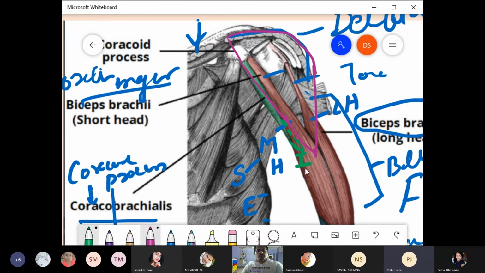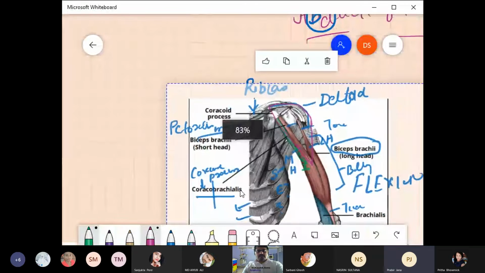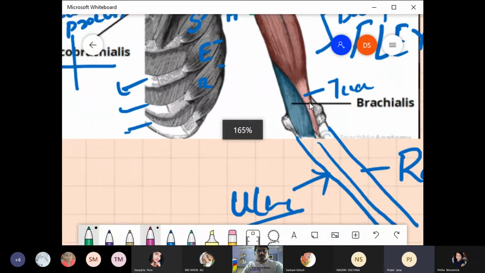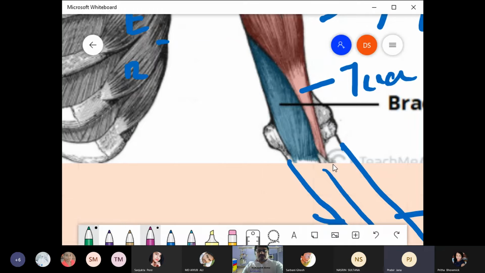Did you understand the Coracobrachialis now? Yes, sir. Okay, fine. And you see that in this diagram itself, with a somewhat blue color, another muscle is shown here that has a similar insertion, but the insertion is in the ulnar tuberosity. So that is the difference, right?